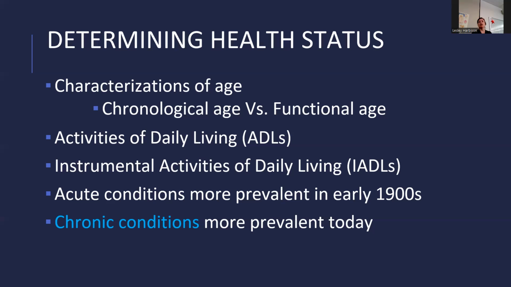And then when we think of instrumental activities of daily living, we're thinking of things a little bit less, I don't want to say important, but things like managing their money or making their own food. They may be able to shower and toilet, but maybe somebody comes and cooks for them or does their bills. So there are different levels of functionality.